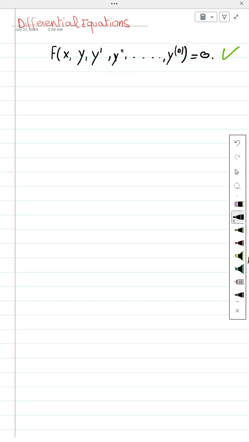Now, what are the order and the degree of a differential equation? When we say the order of a differential equation, we mean the highest derivative in the equation that we have.